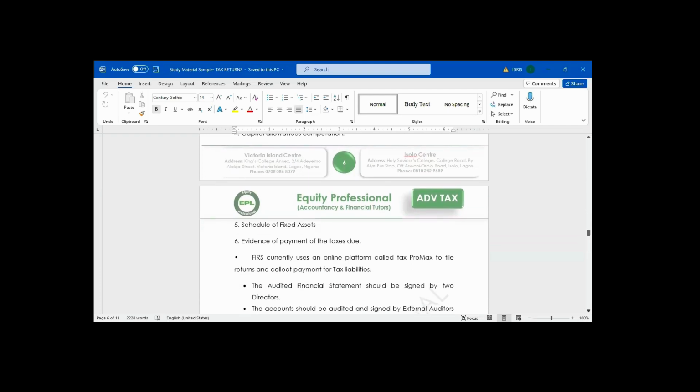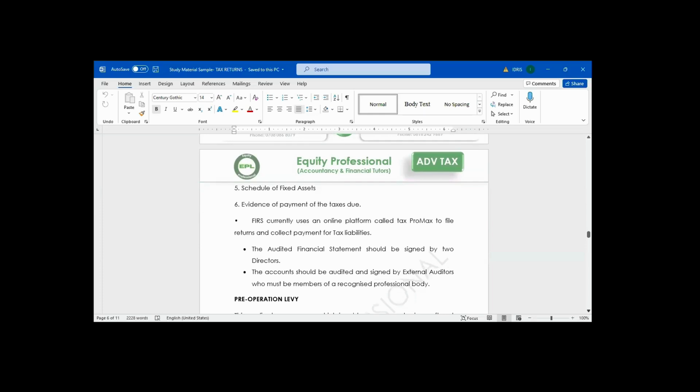Number six content of company income tax return: evidence of payment of tax due. Your tax due, evidence of payment of it. Now, your tax due is going to be computed on a software used by who? FIRS. That software is called Tax Pro Max. It will compute your tax due.